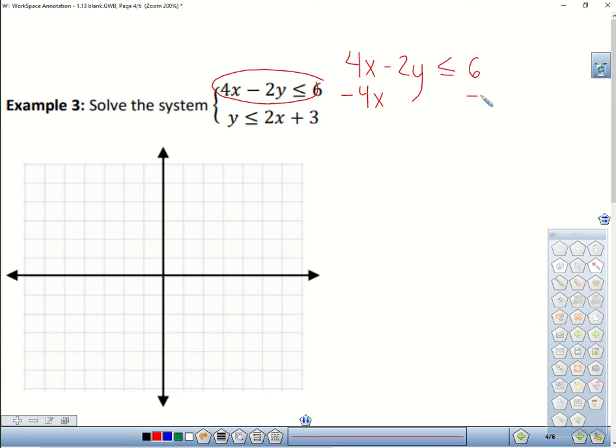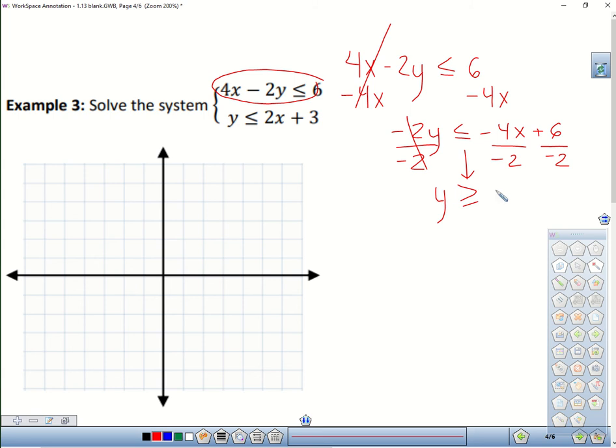I'm going to subtract 4x on both sides, and that's going to give me negative 2y is less than or equal to negative 4x plus 6. I'm going to divide both sides by negative 2. And when I divide by a negative over an inequality, I need to flip the inequality. That's going to become y is greater than or equal to 2x minus 3.